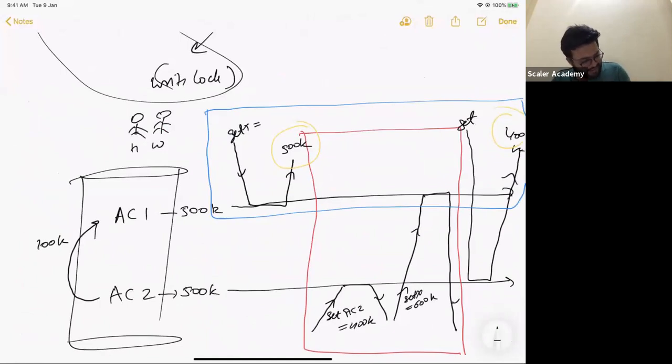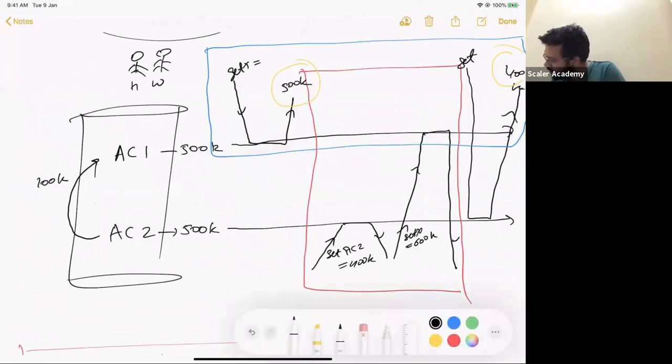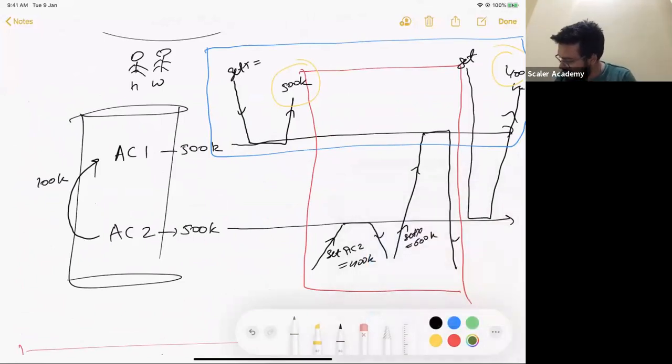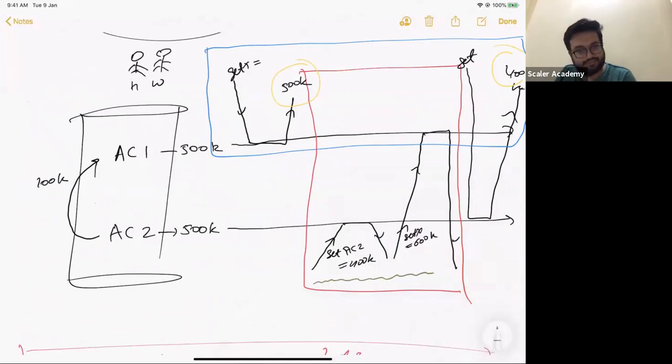Let's look at this example here. Let me use a different color pen now, maybe a green pen. The problem here would be that this transaction is only updating some data. It isn't reading at all, so nothing changes for this one. I am trying to give you the difference between read committed and snapshot.